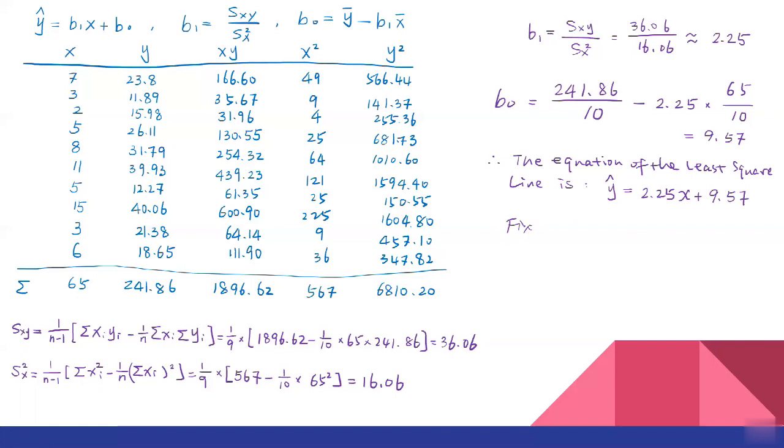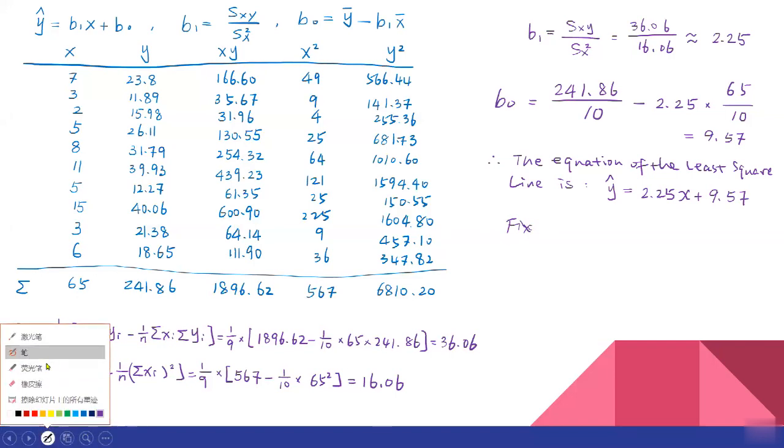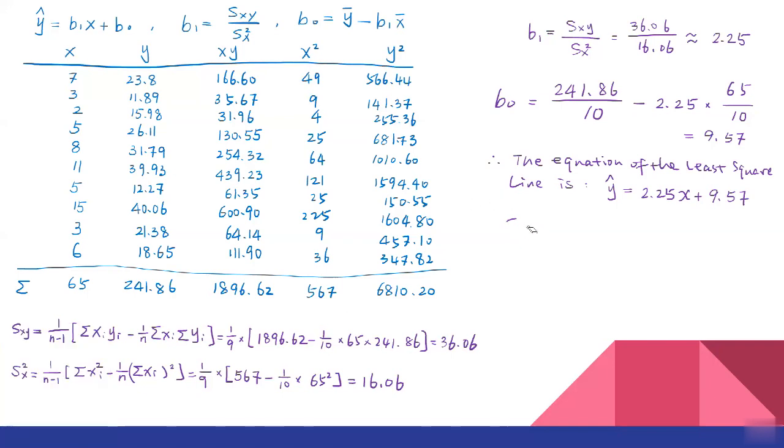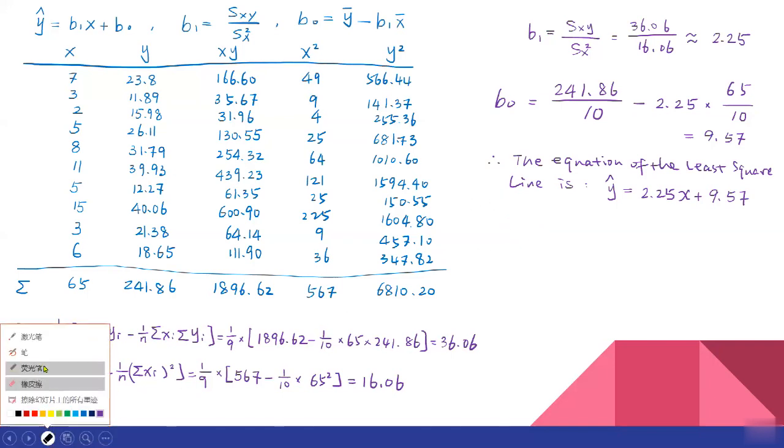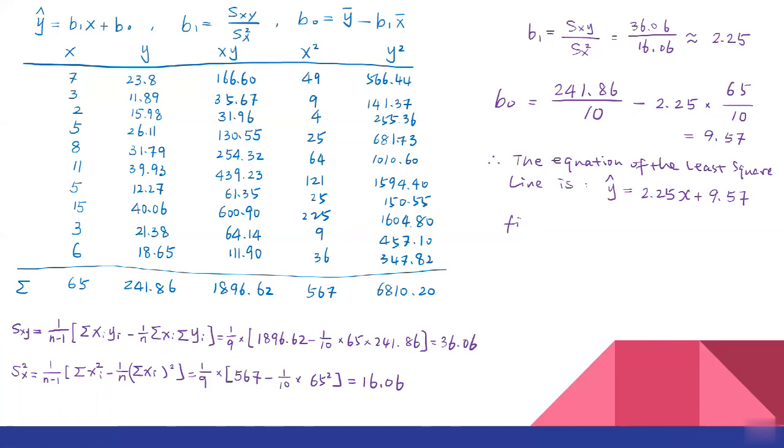So the fixed cost, as we have already discussed, is the y-intercept, which is 9.57, right? And the variable cost is the slope of this least square line, which is $2.25.